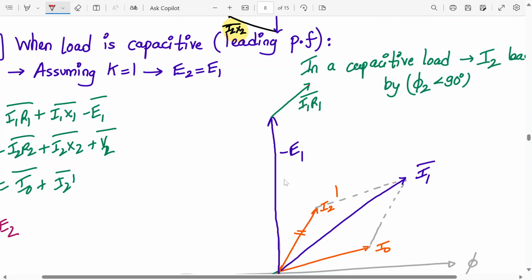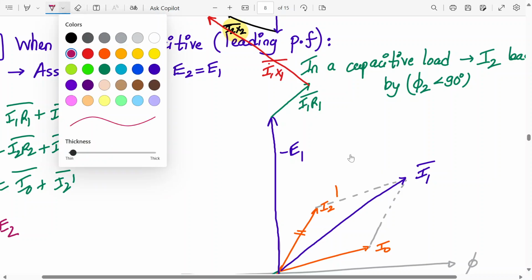Yes. Perpendicular to I1 R1, I'll draw a line. Okay, very good. Like this. So this is I1 X1. And from here to here, I will join that line.